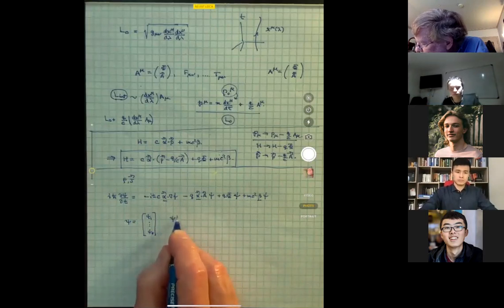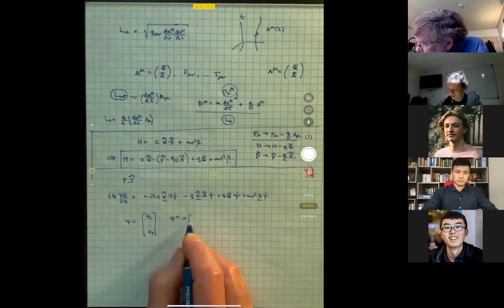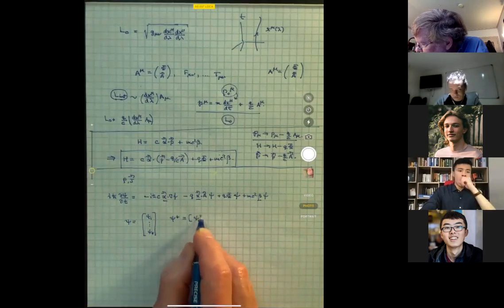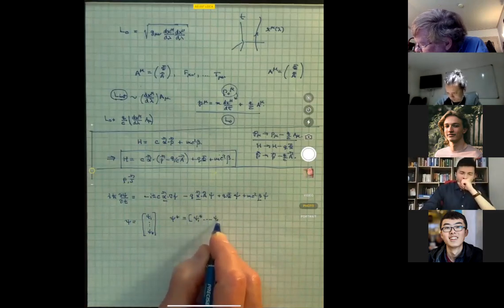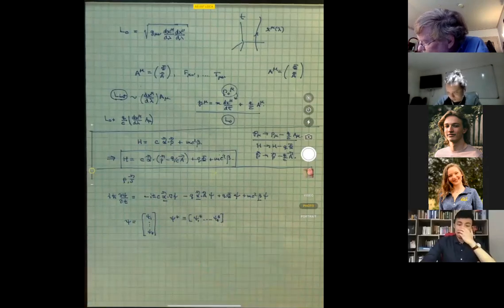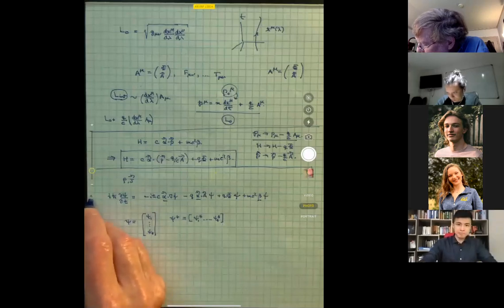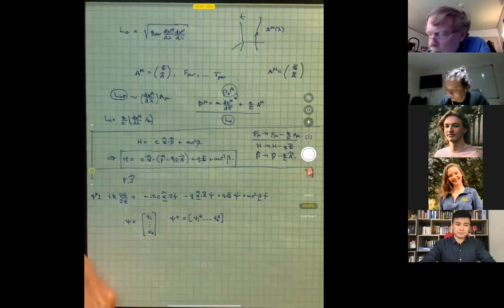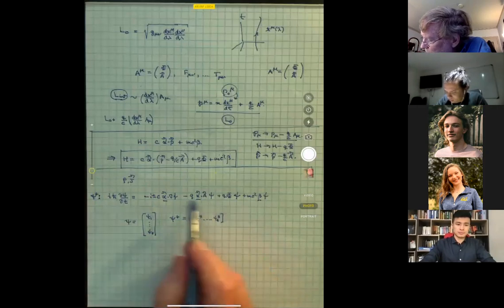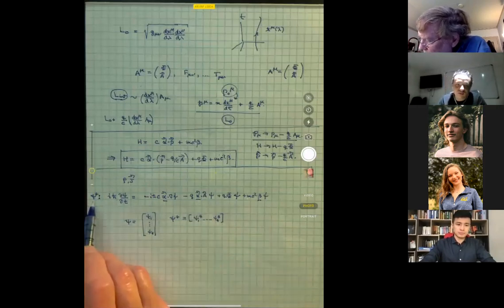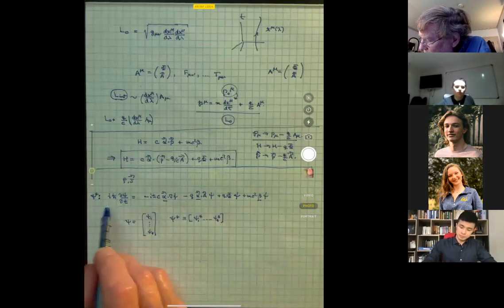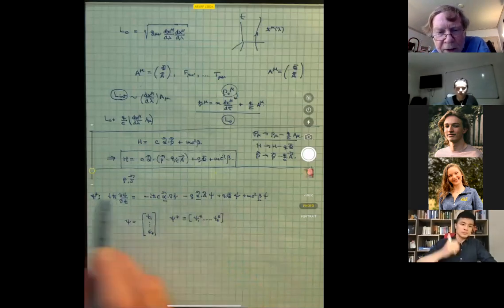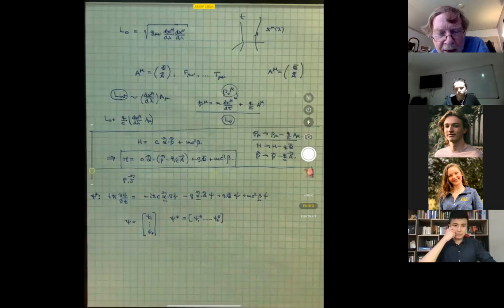You can create a complex conjugate row spinor by calling it psi dagger, which is psi 1 star through psi 4 star, like so. And if we take our equation that I just wrote down and multiply through by psi dagger from the left-hand side, going all the way through, this is a spinor equation, but by multiplying by psi dagger, you'll get rid of all the spinor indices, and you'll end up with something that's a scalar insofar as the spin degrees of freedom are concerned.